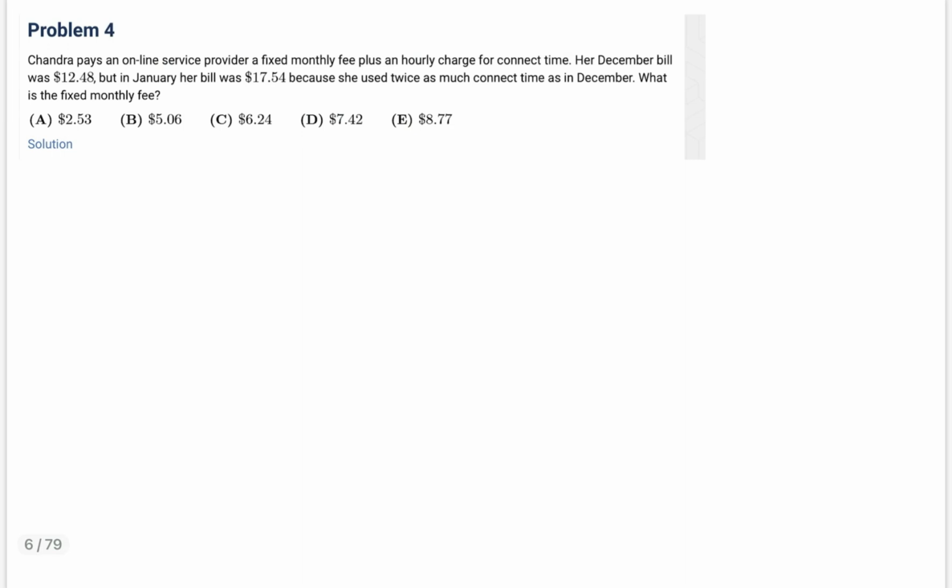Problem number 4. Chandra pays an online service provider a fixed monthly fee plus an hourly charge for connect time. Her December bill was $12.48, but her January bill was $17.54. She used twice as much connect time as in December, so the connect time bill would be 1754 minus 1248, which is 506.